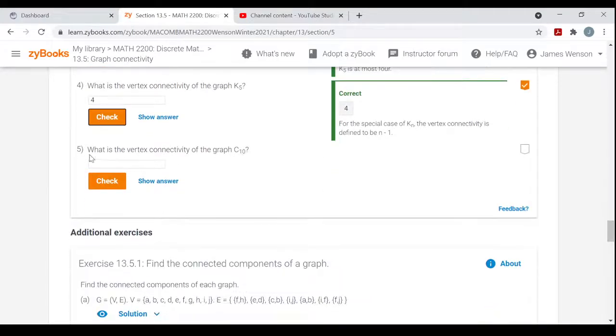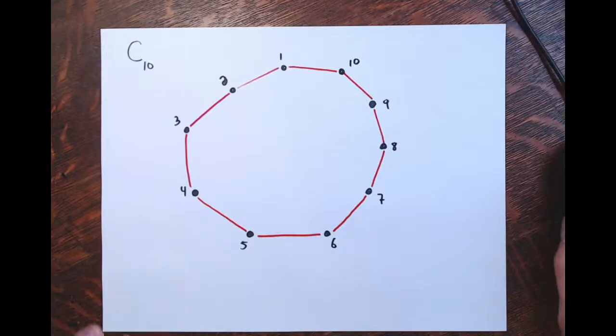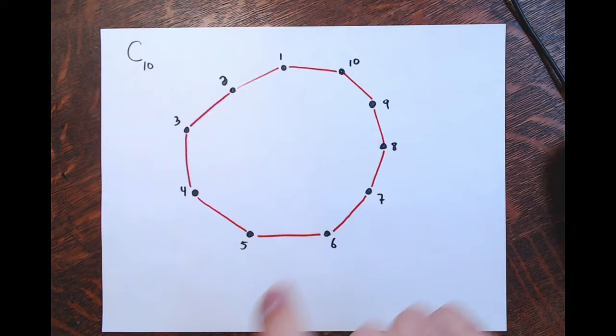Now this one, remember this graph, the C10? I'll draw this one up as well. This is one of those cyclical graphs, a 10 cycle. Every single vertex had a degree of 2. It just made a big ring. Here's that C10, a cycle.